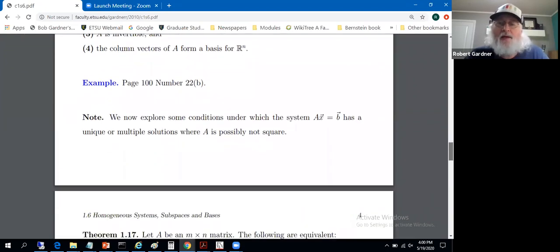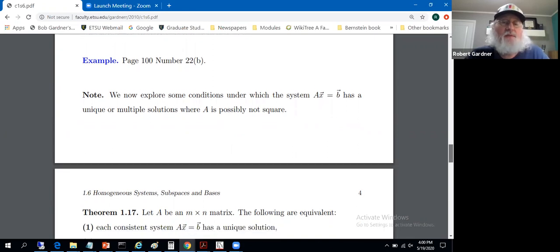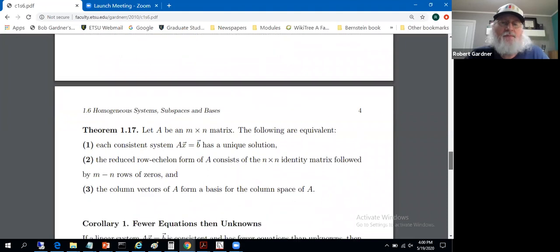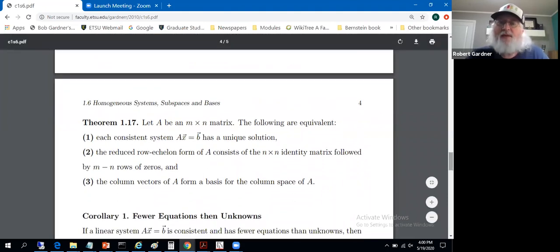Okay, let's shift the gears a bit again and look at systems of equations. This time, considering maybe a coefficient matrix in a system of equations that isn't square. We've discussed a moderate amount of systems with square matrices, especially when we talked about inverse matrices.